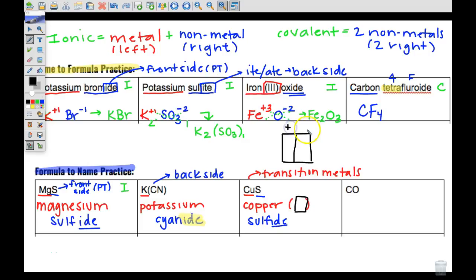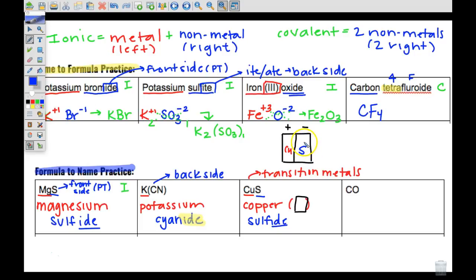So my positive charge has to be the same as my negative charge, which is going to be indicated by height. So in my formula, I don't see any subscripts, which means I have one atom of each element. And in order to figure out the charge on copper, I have to look up the charge on sulfur.